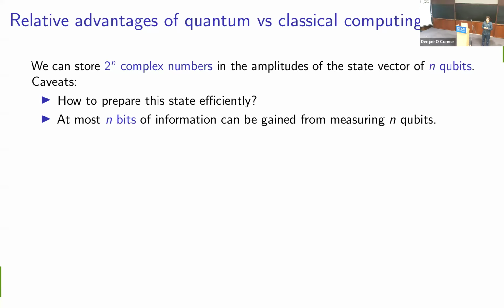And we don't learn anything in detail about the actual complex amplitudes of our original state. And there's no way we can get around that, because unknown quantum states cannot be copied. So I can't take an unknown state, make many copies of it, measure them all, and then work out detailed statistics. That's not going to work, because there's no general process that copies quantum data.